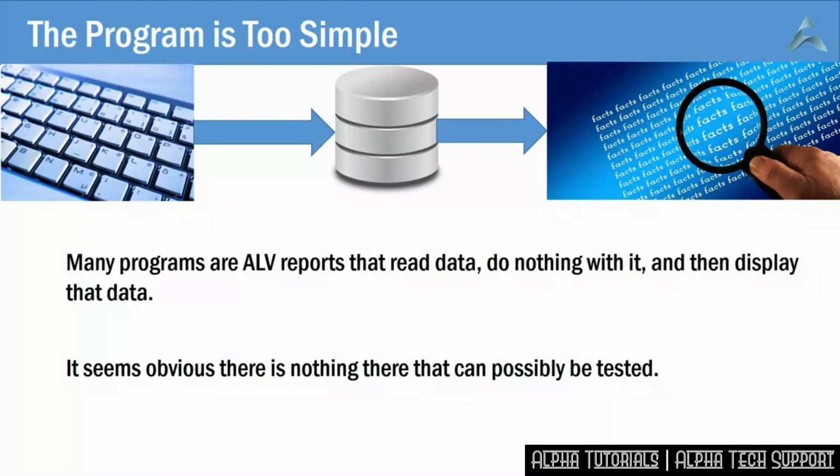In this lesson, we're going to be examining the argument, which goes as follows. My program should be exempt from test-driven development, and indeed OO, because it's far too simple. A large number, virtually all, programs start life as an ALV report that reads data from a database, does nothing at all with it, and then displays the result to the end user.